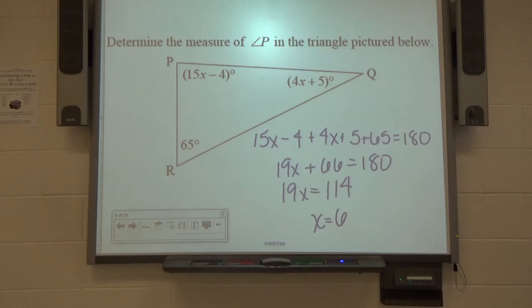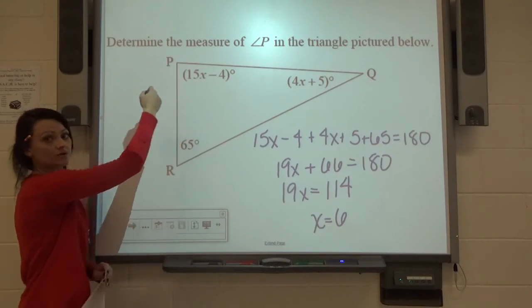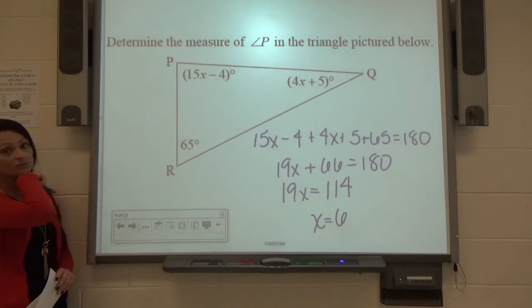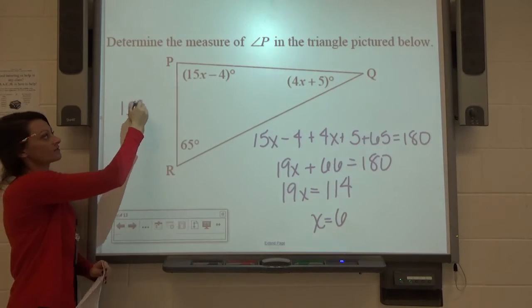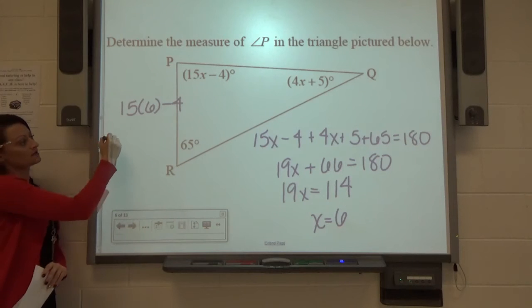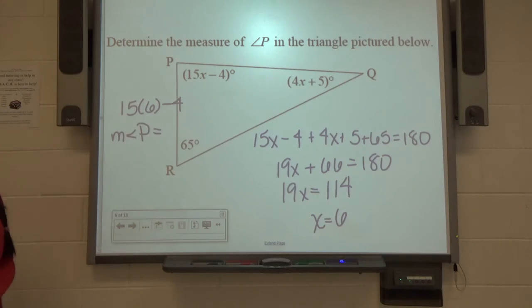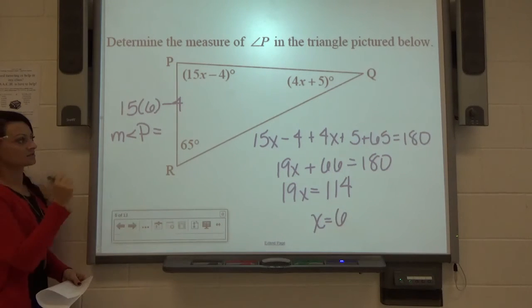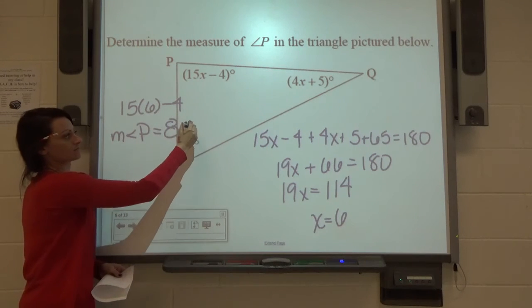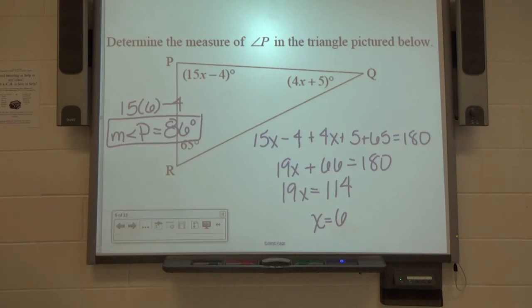They wanted us to find the measurement of angle P. So I would take the value of 6 and substitute that back into where I see x in the angle P expression. So I would have 15 times 6 minus 4. So the measure of angle P would be equal to 86 degrees. So that would be my final answer in this case.